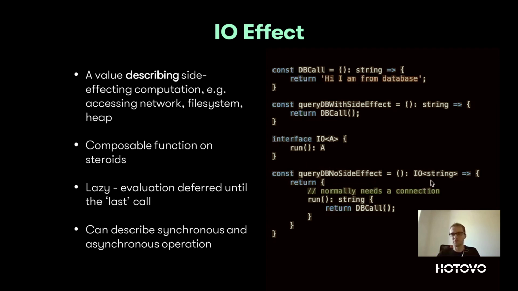So it would return a function, a description of that database call. It doesn't execute it. It would execute it only if I run the run here. But I'm not. I'm just returning an IO, right? So I can call this as many times as I want. I would always get the same IO. Just a wrapper. So this is an IO effect or IO monad.